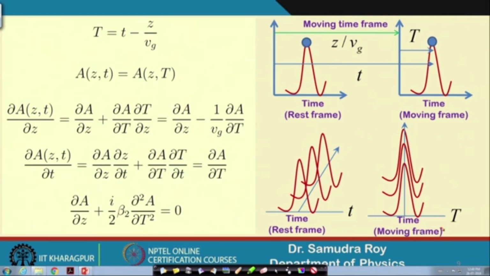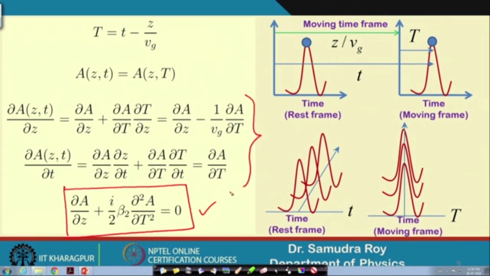So, I can convert this entire thing into the moving frame, and if I convert this, my equation becomes simply this. I can absorb this 1 by Vg term. How this works is shown here. I am not going to discuss it because this is elementary calculus.